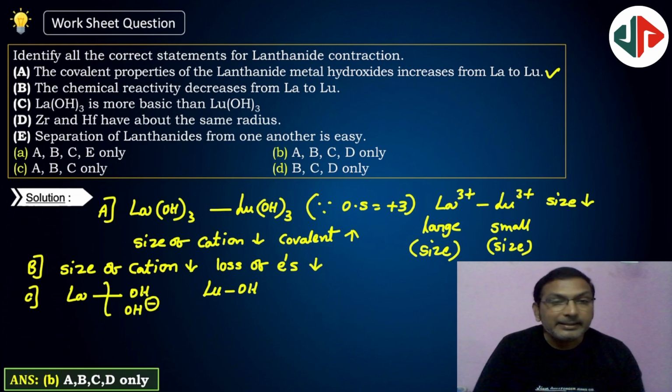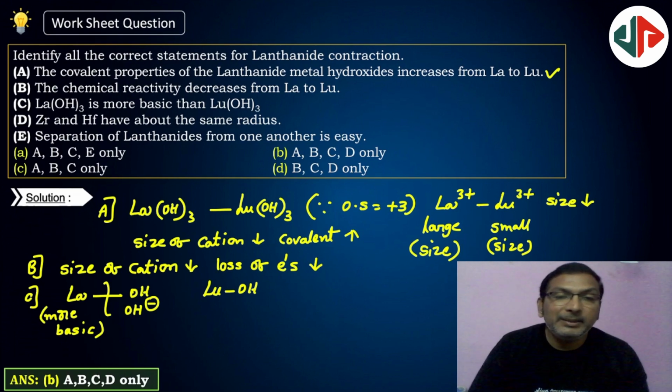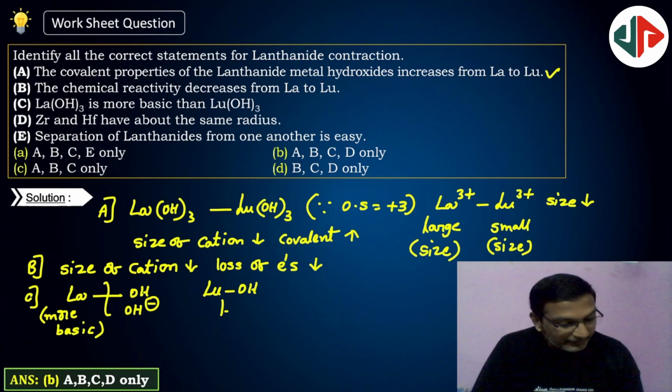Therefore, more basic, due to more bond length between the lanthanoid element and OH minus. In case of lutetium, OH minus ions are not released as fast, so this will be less basic.